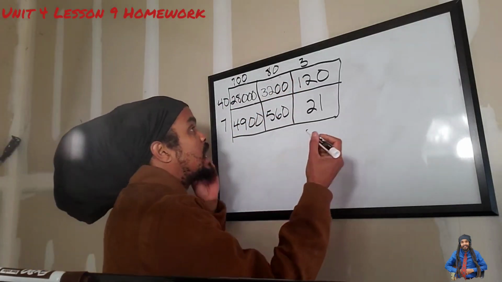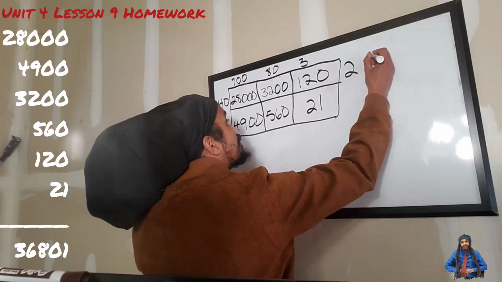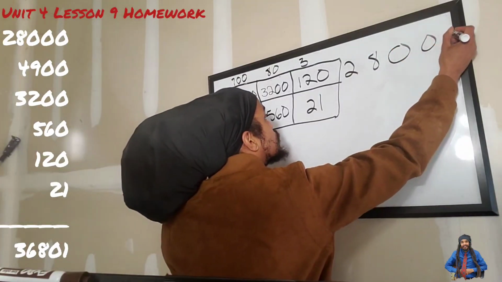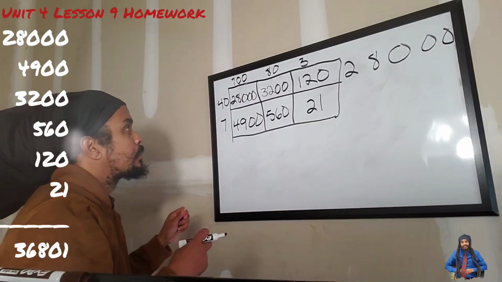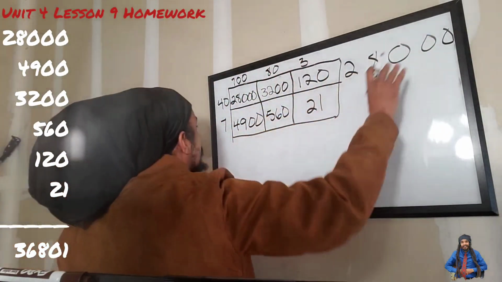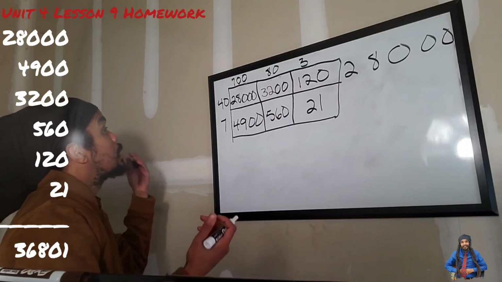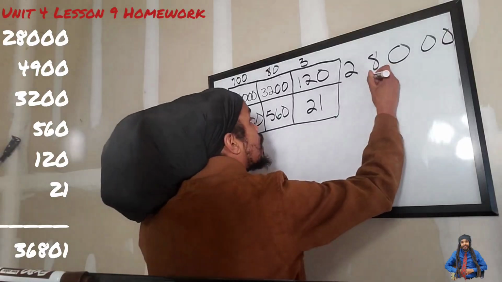So let's do it. And like yesterday, I was telling you guys, and you don't have to do this, but for some reason I just feel more comfortable when I go from the biggest numbers to the smallest. You don't have to do it that way, but I'm doing it that way. 28,000, 4,900.